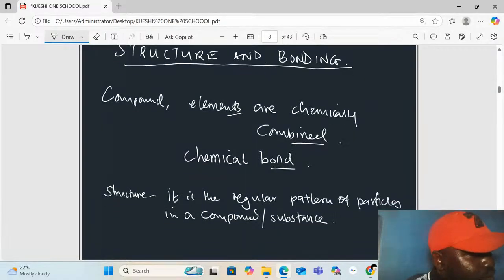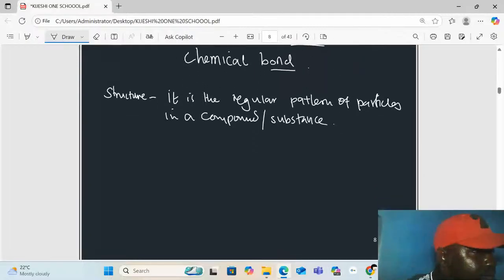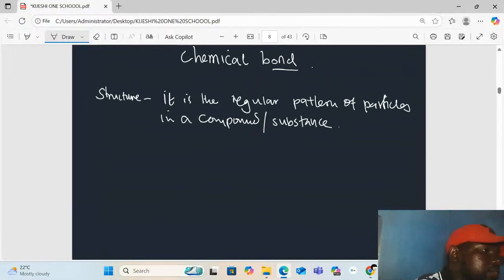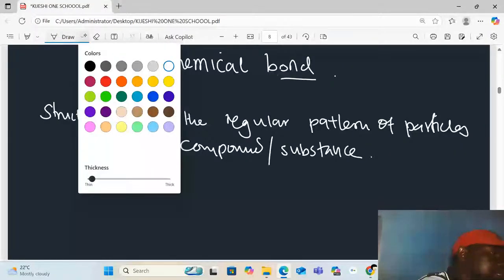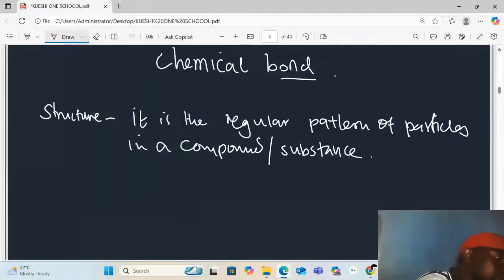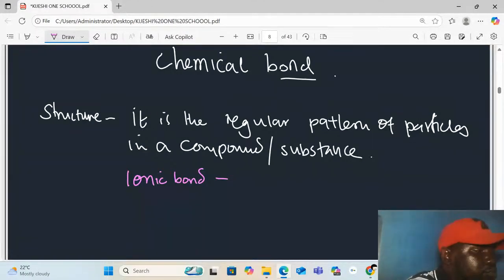Majorly, we shall be looking at the ionic bonds. So we can start with the ionic bond. This is a type of bond. We still have another type of bond, which is covalent.